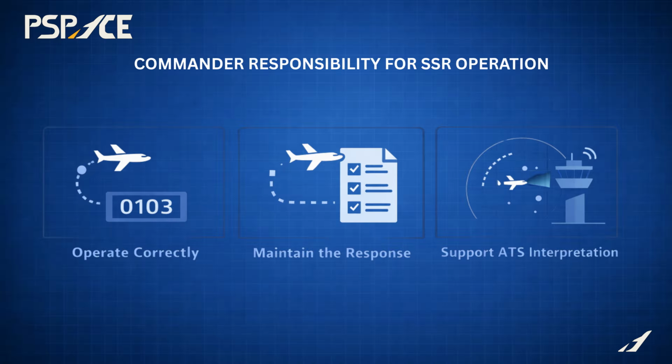If the aircraft is meant to be identifiable and trackable within the surveillance system, the crew must ensure that the aircraft is not unintentionally undermining that picture through incorrect operation, neglected checks, or poor cross-monitoring. Operationally, the commander is responsible for making sure that what ATS sees and interprets from the SSR response remains aligned with the actual aircraft under control.